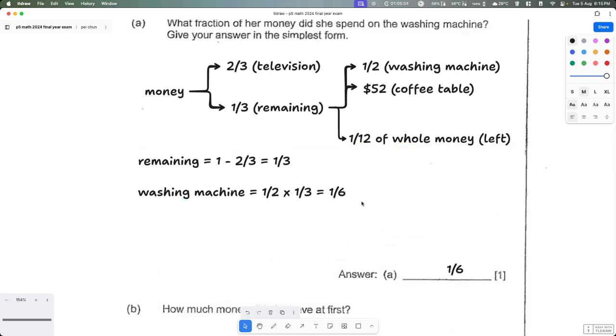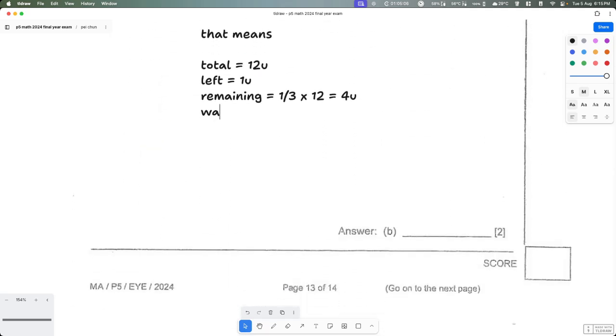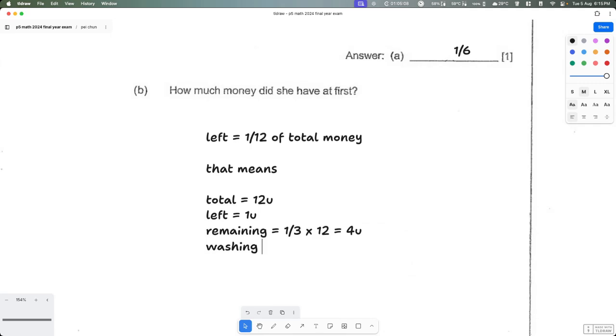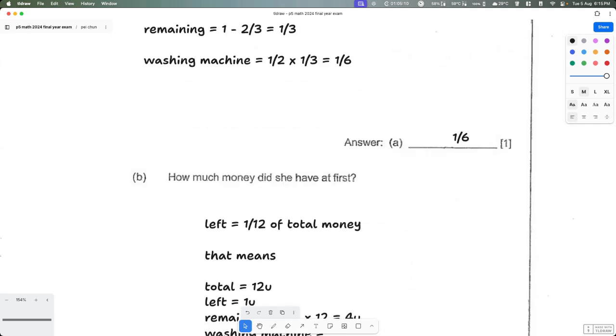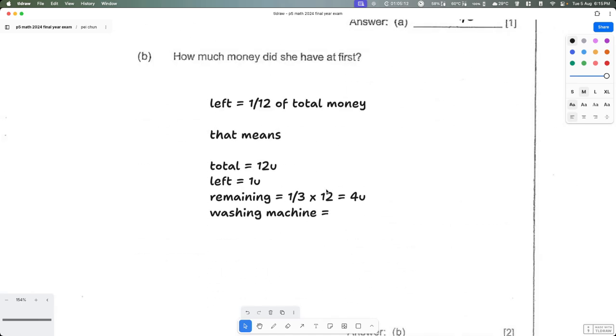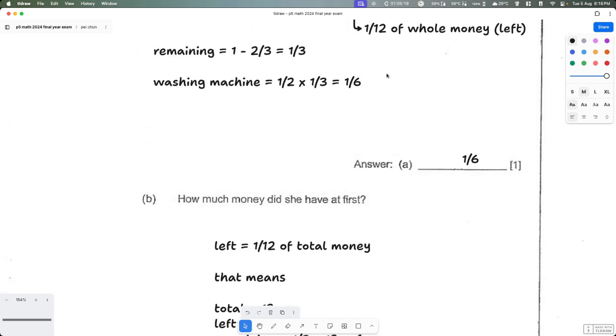Then we also know the washing machine is equal to 1 over 6 multiplied by 12. This is 2 units. So what is the coffee table?